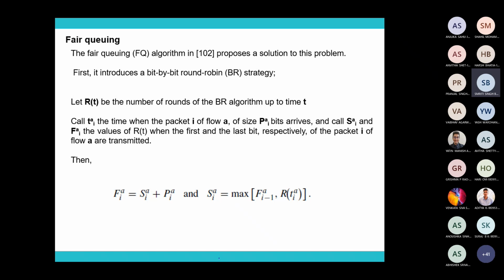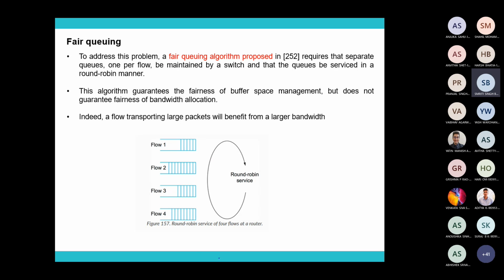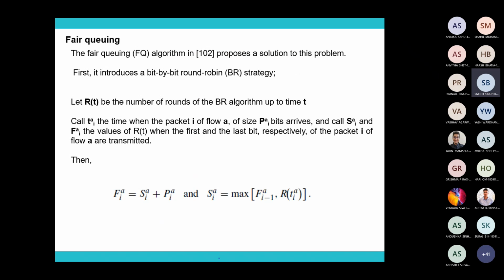Now here some notations are given. F i A is equal to S i A plus P i A. What is S i A? As I mentioned, there are multiple flows, right? Flow 1, flow 2, flow 3, flow 4. In this notation, the superscript represents the flow. Now what exactly does S i A represent?